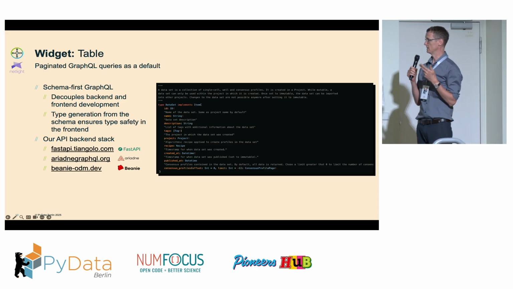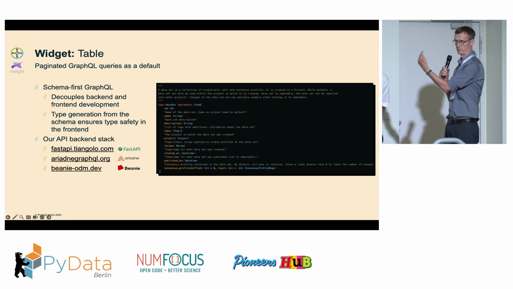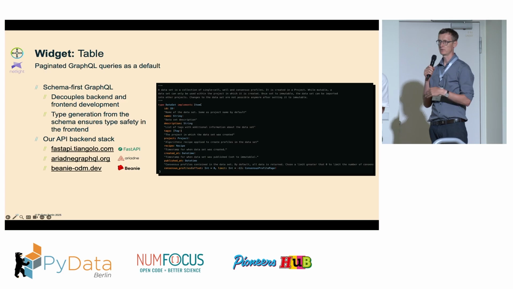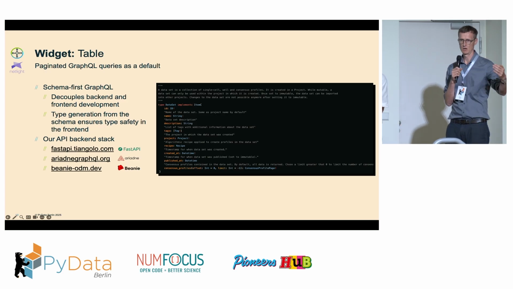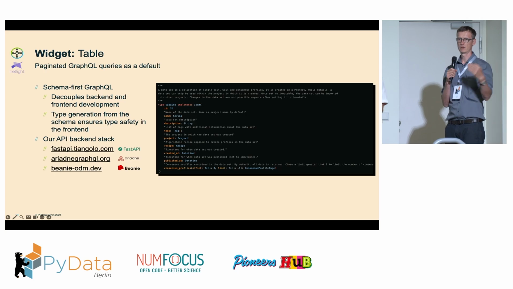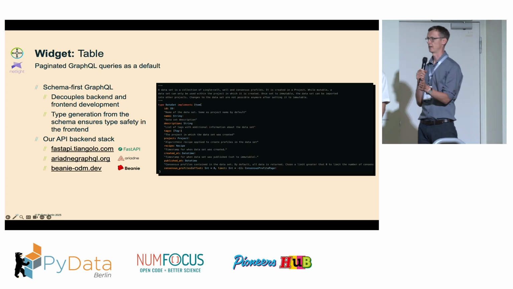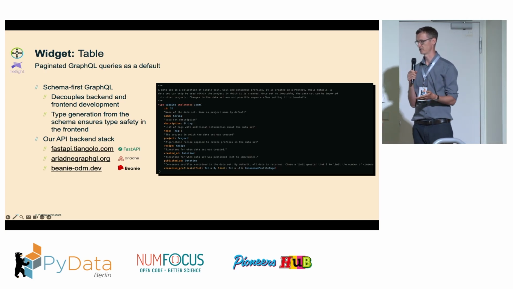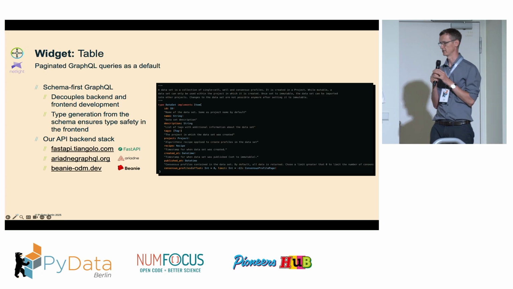And so with this schema being defined, we can actually generate types in our front end with TypeScript automatically, and then develop the front end against those types, and at the same time develop the back end against the same types. So basically by resolving the fields in the schema.